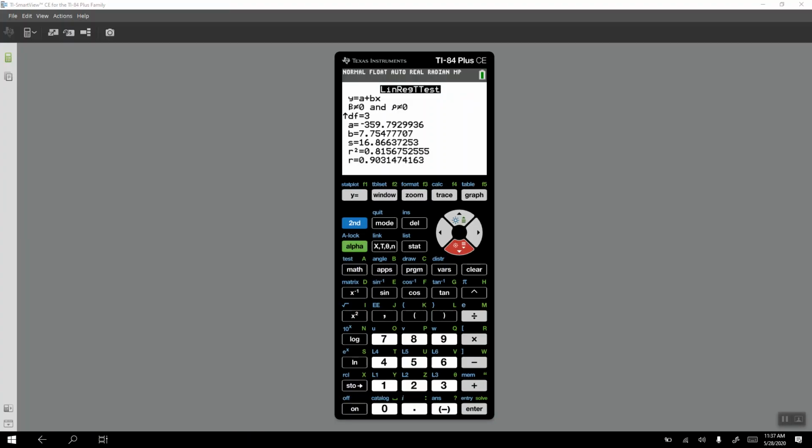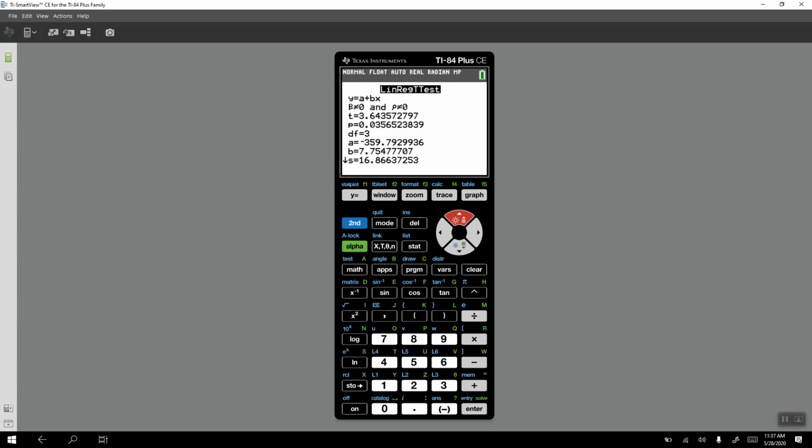All right, here I am. Now, luckily for me, I didn't clear this. This is, again, still using list 1 and list 2 for the linear regression t-test. Now, look at this right up top, that equation. That equation is y is equal to ax plus b. In other words, it's giving you that linear equation.